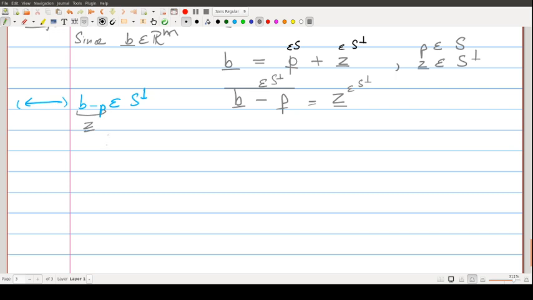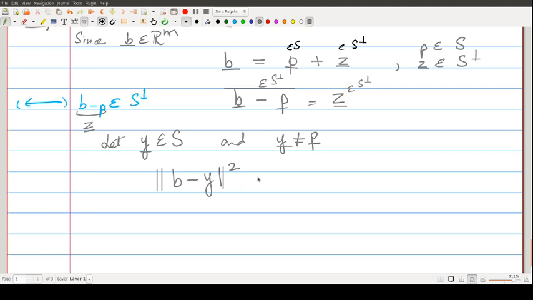So let y be another vector in my subspace, and y is not equal to P. So I'm taking a different vector. Then if I try to find the distance of y from B, or rather the residual square, because if I want to minimize the distance, then I can minimize the square of the distance.